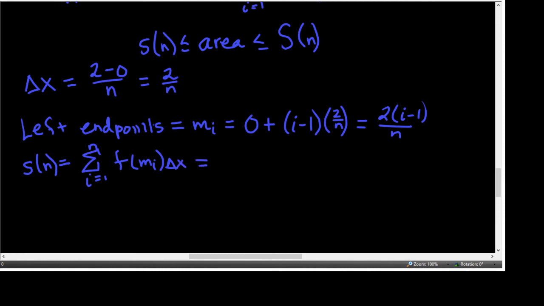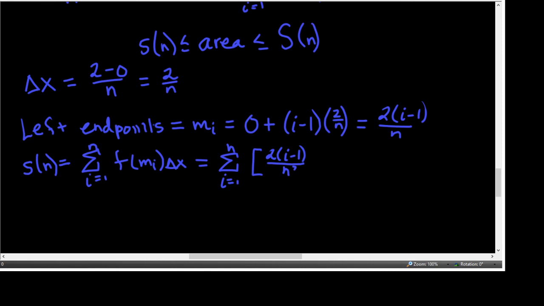Now, more specifically for this problem, that's going to be sigma from i equals 1 to n of 2 times (i minus 1) over n.